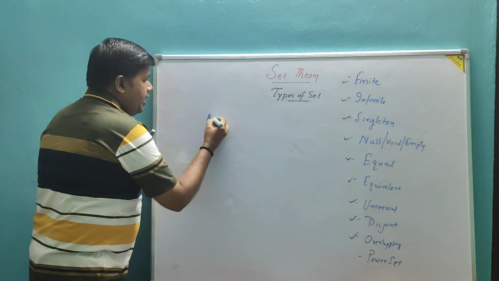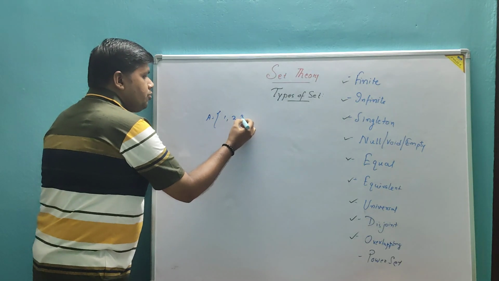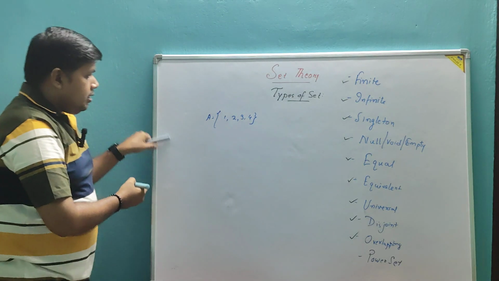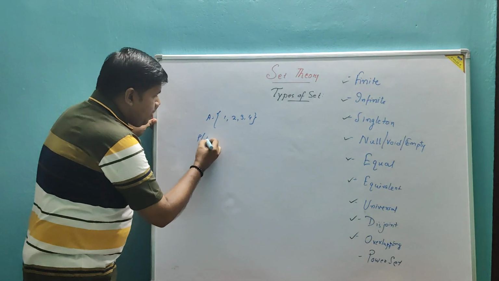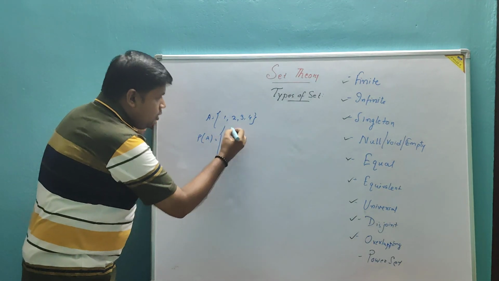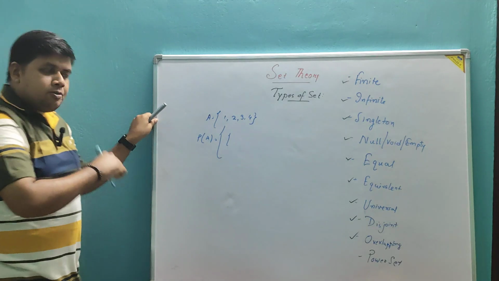For example, there is a set A having elements 1, 2, 3, 4. In that case, the power set of A is represented by P(A) and contains all the subsets of the set A.